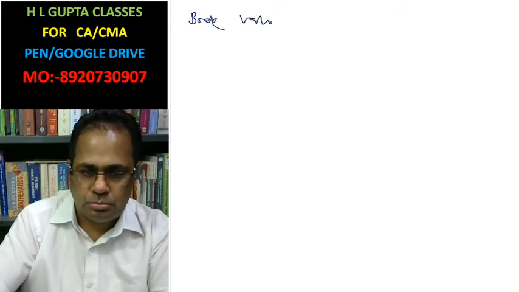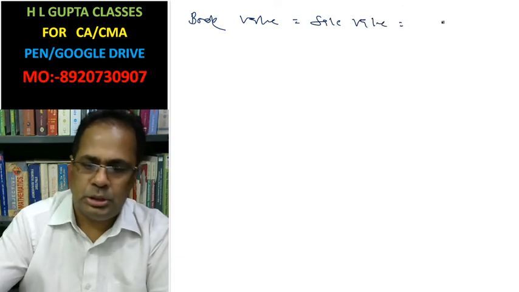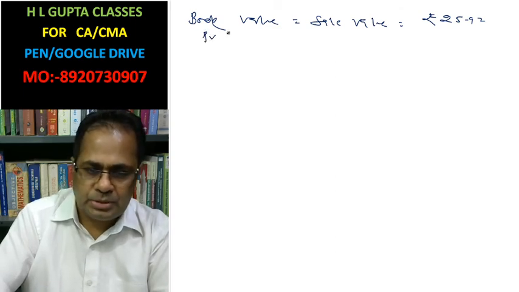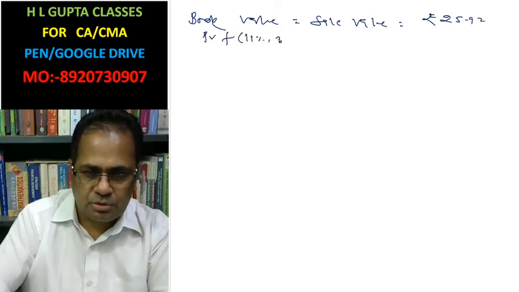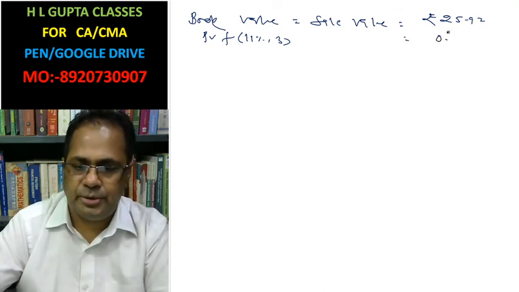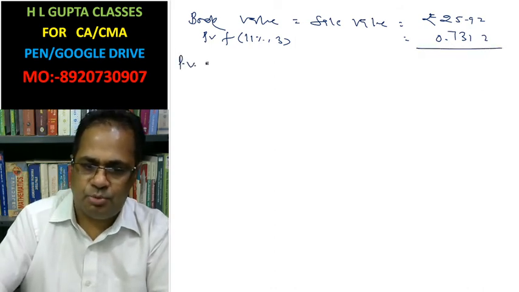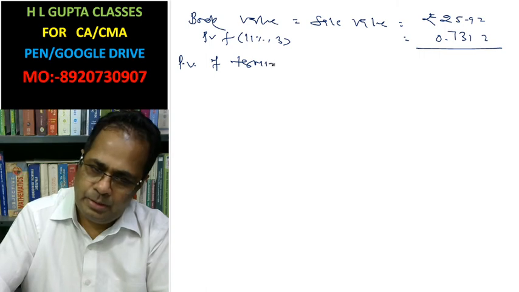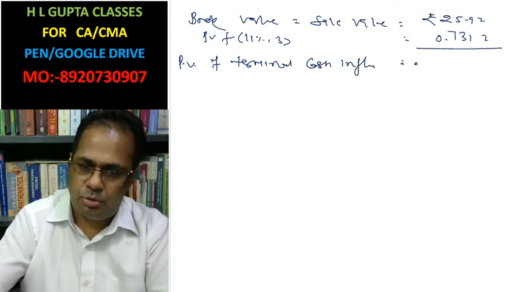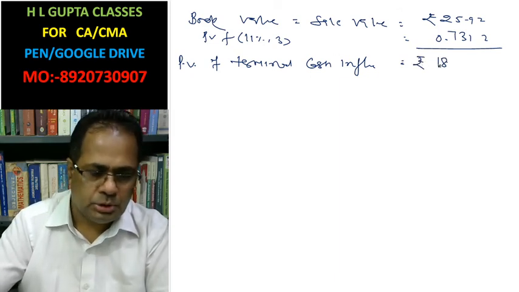Book value equal to sale value, rupees 25.92. Present value factor at 11% for 3 years is 0.7312. Present value of terminal cash inflow is rupees 18.952 lakhs.